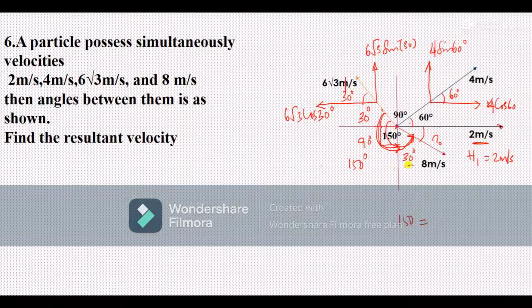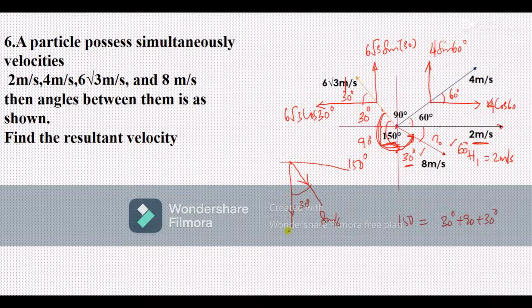Using this 30 degrees, we resolve it in two parts, one downward vertical and one horizontal. So 8 meters per second is resolved using 30 degrees, and this becomes 8 cos 30, because the angle is adjacent to this side, and this becomes 8 sin 30.